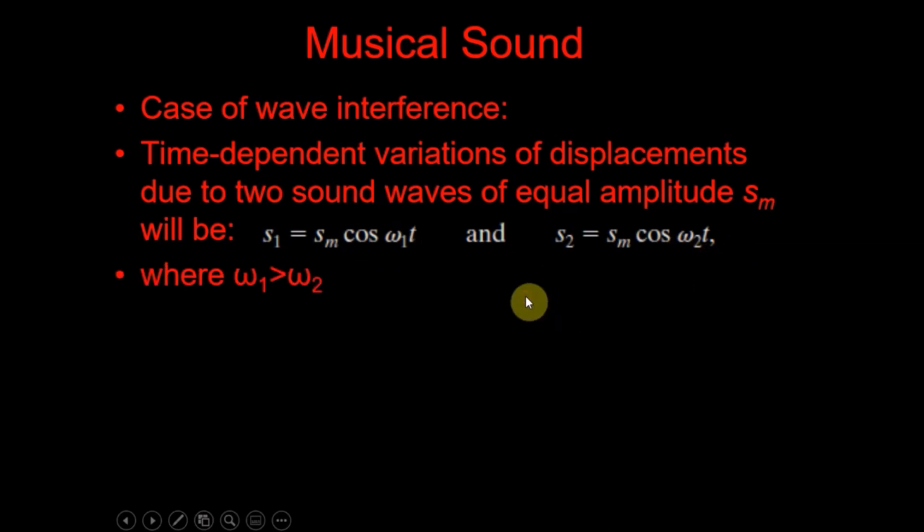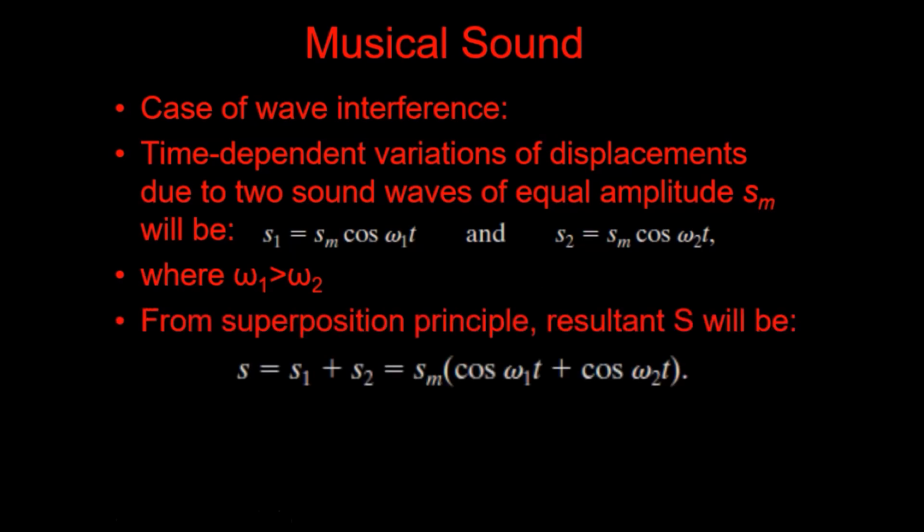In this particular case, we're saying that omega 1 is greater than omega 2. Going back to our previous discussions, we can then apply our superposition principle, giving us a resulting wave of S, being S1 plus S2. Sm is equal in both of these waves, so can be factored out, giving us Sm times cos omega 1t plus cos omega 2t.